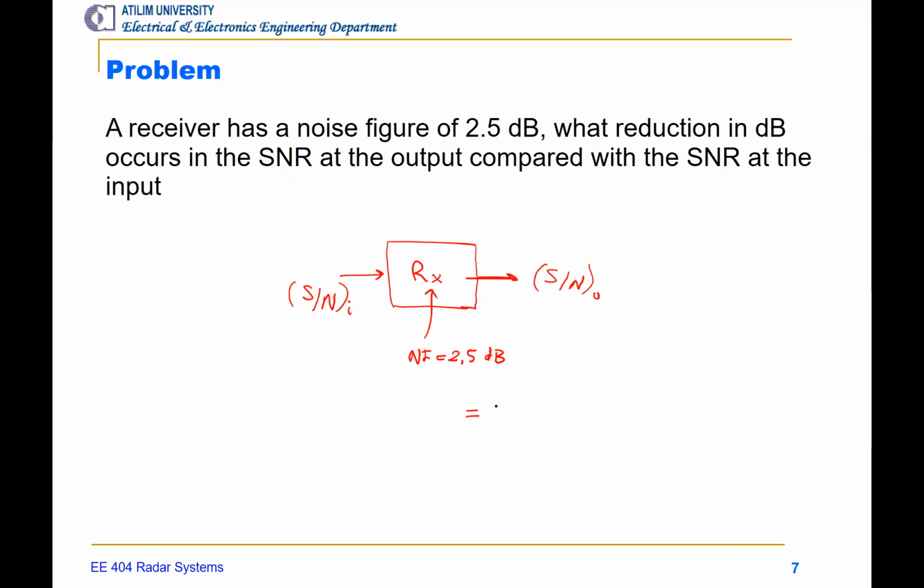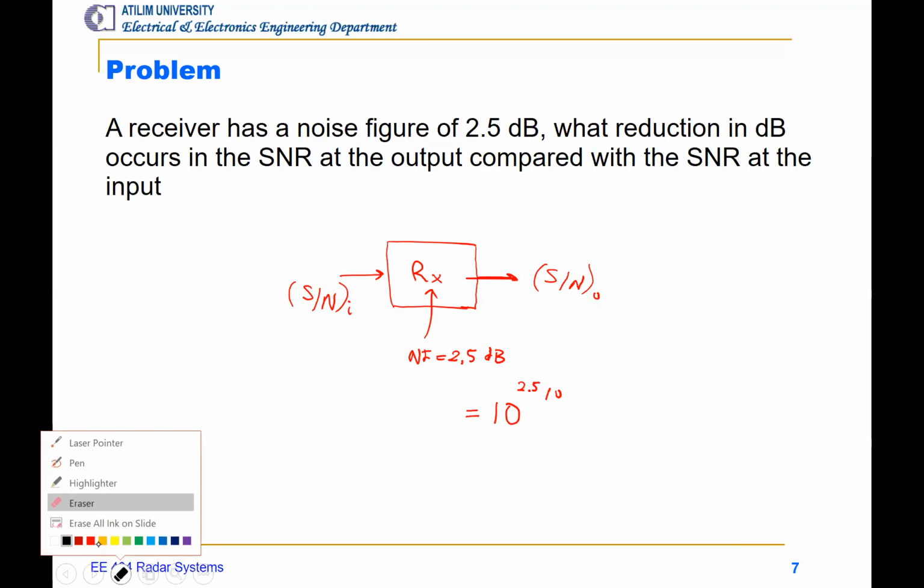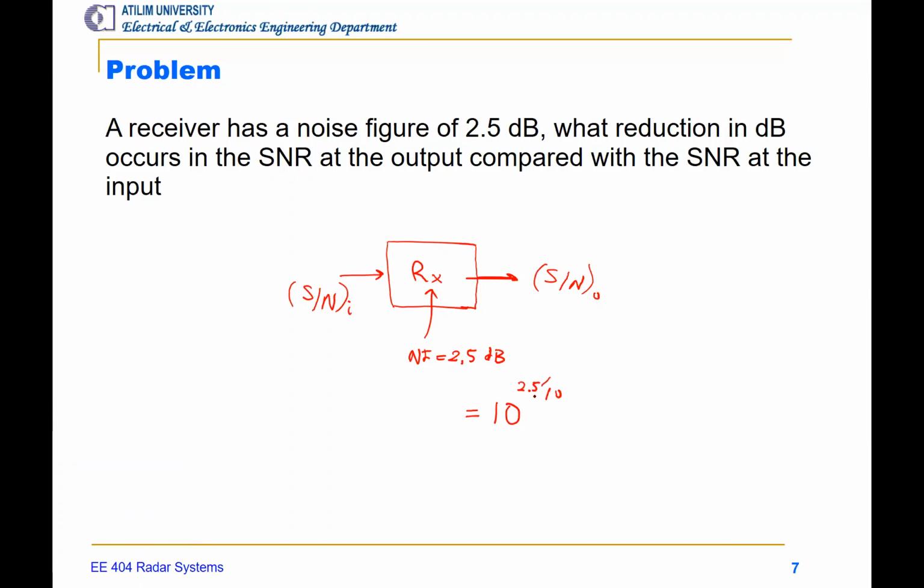We simply take 10 to the power 2.5 over 10, right? I'm sure that you know how to convert this, but just a reminder. dB can be converted into ratio simply as 10 to the power of the dB value divided by 10. So if, for example, your noise figure is X dB, then this is equivalent in number to 10 to the power X over 10.